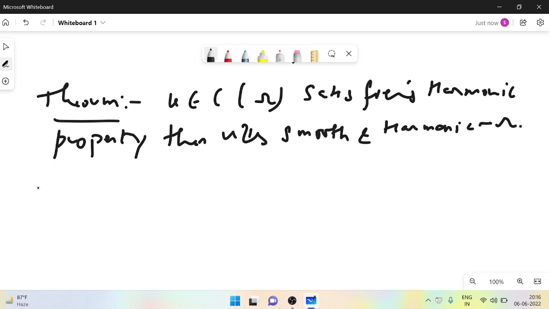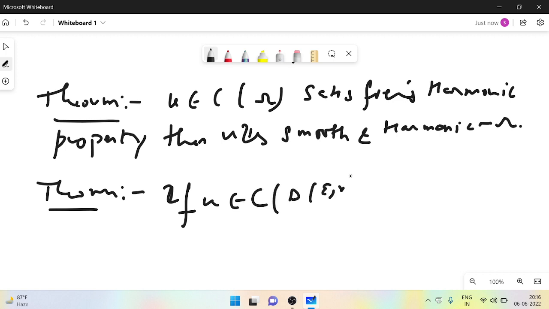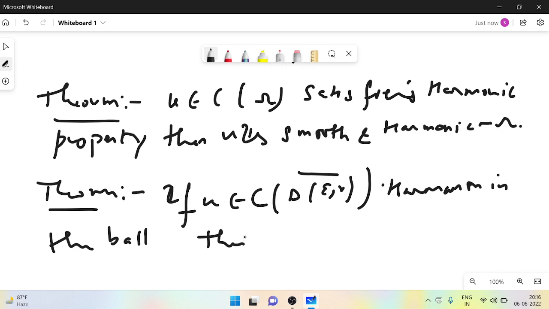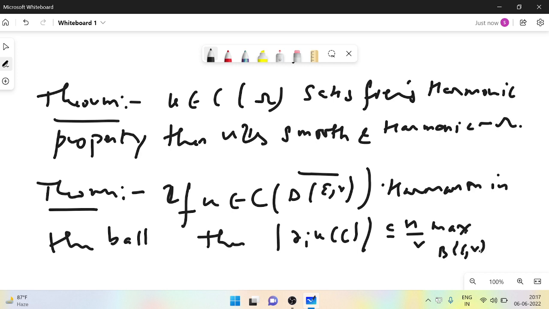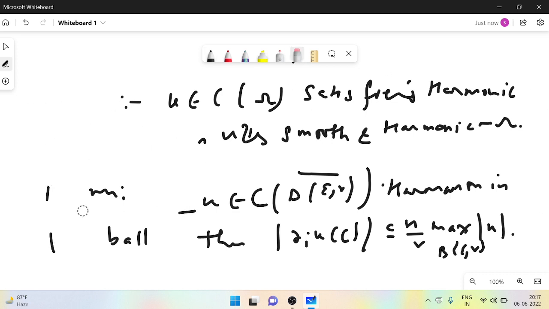Another theorem, also stated without proof: if u is continuous on the ball B of epsilon comma r and harmonic, then there exists an estimate on the derivative, less than or equal to n by r times the modulus.